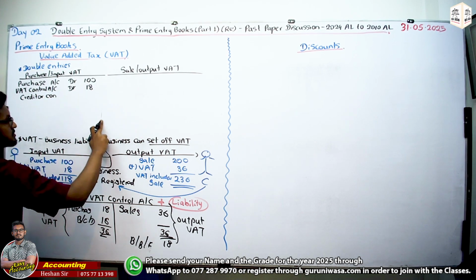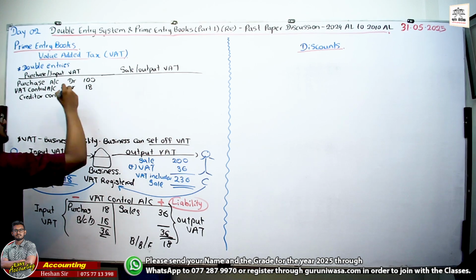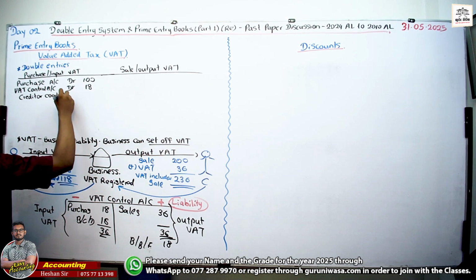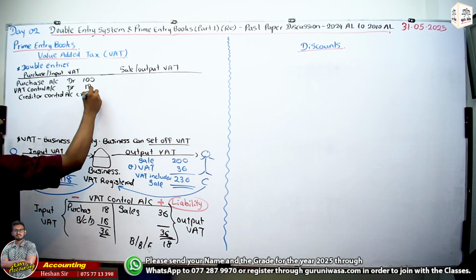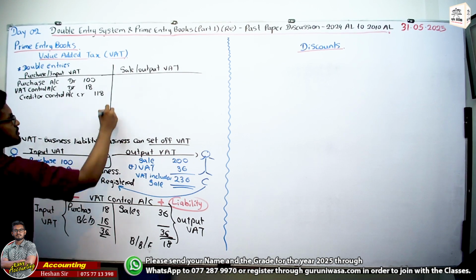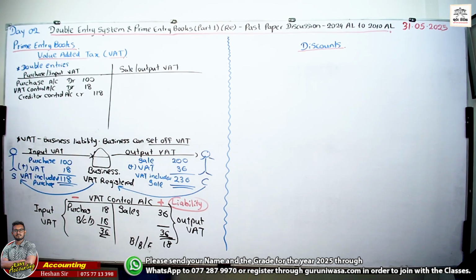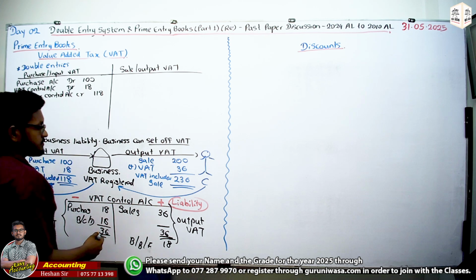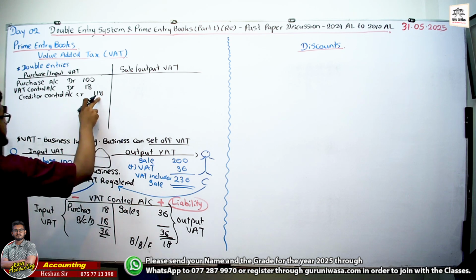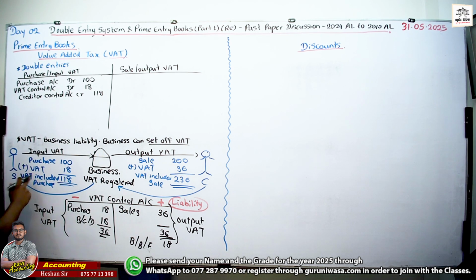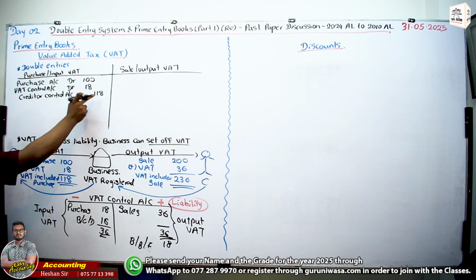Creditor control account, credit 118. Full amount. When we sell goods, we need to give the full amount to the creditor, as this is a credit basis purchase.